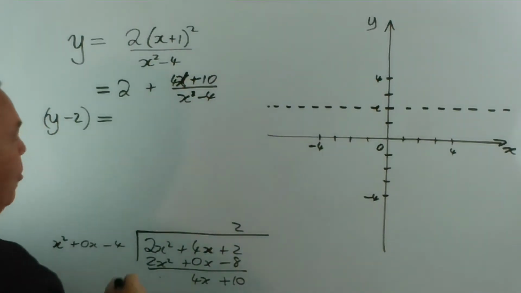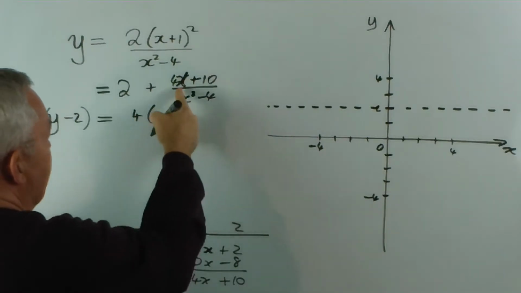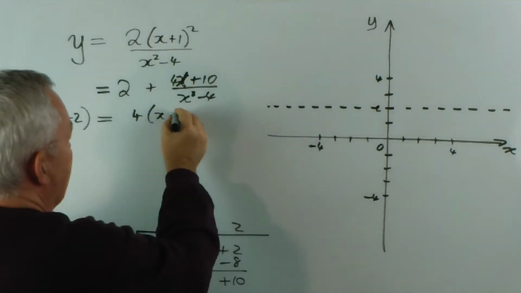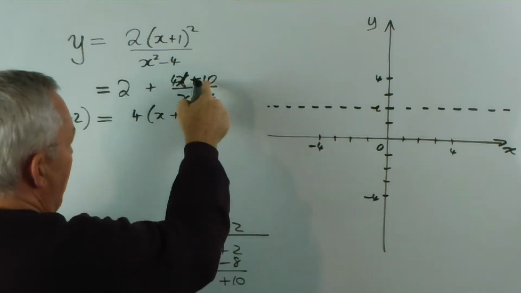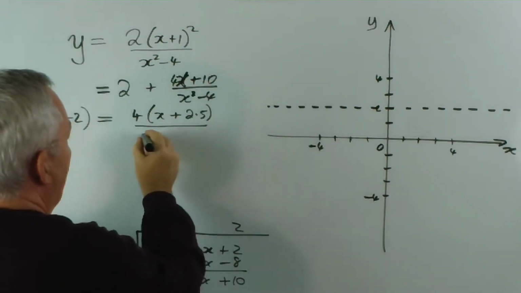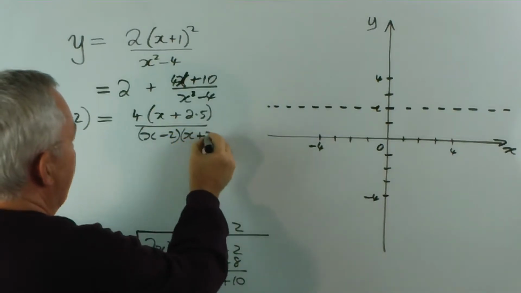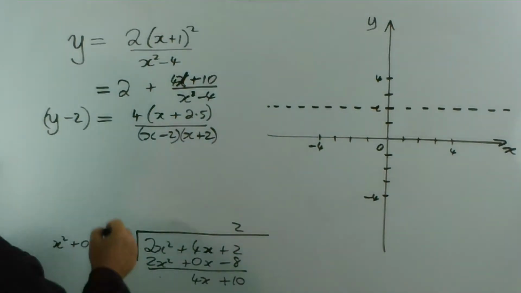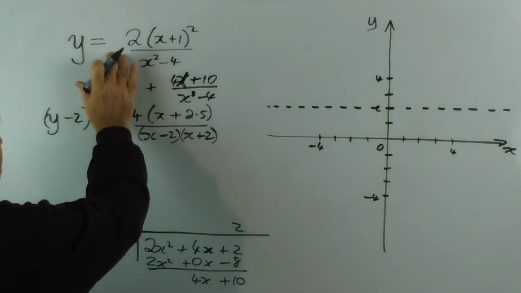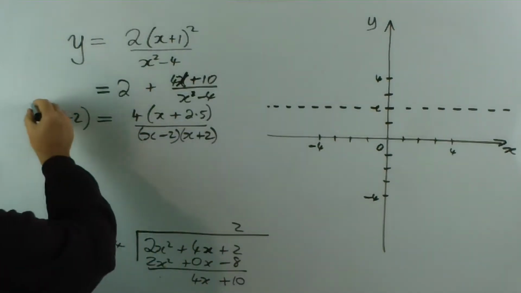I'm actually going to take 4 out. 4 times x is 4x, plus 2.5, 4 times 2.5 is 10. And on the bottom, x minus 2 times x plus 2, because it's the difference between squares. So I've taken this expression, I've performed the division, and I now have this.